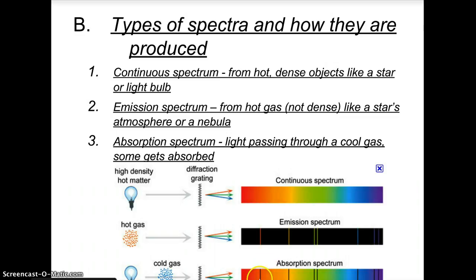The reason these black lines are here is because this cold gas that the light is passing through has removed these parts of the spectrum. So what you're seeing is the continuous spectrum with parts of it missing because it's passed through this cloud of cold gas. Okay? So make sure you get all these definitions down in your notes before you move on to the next slide.